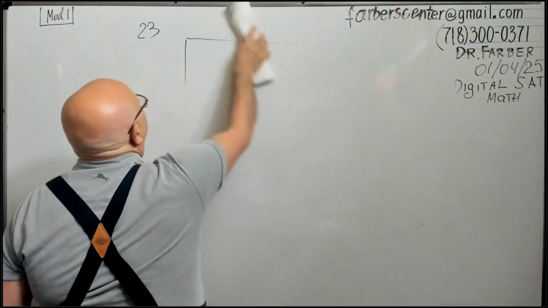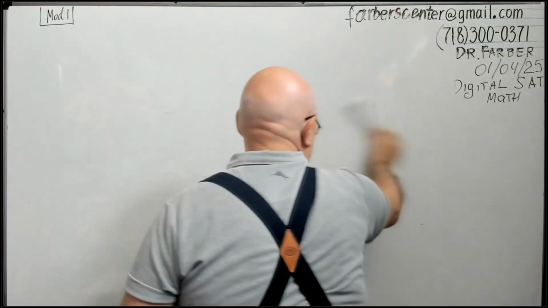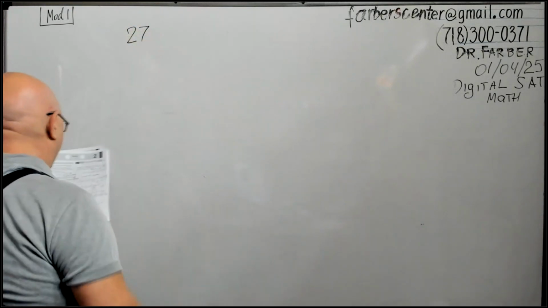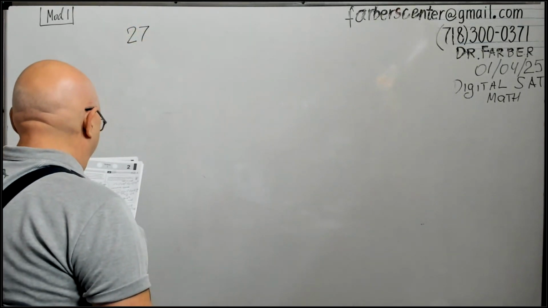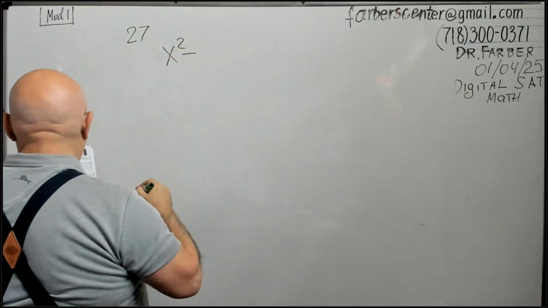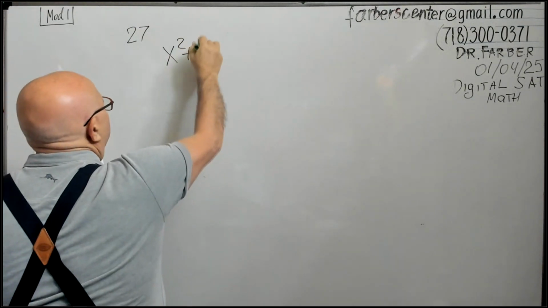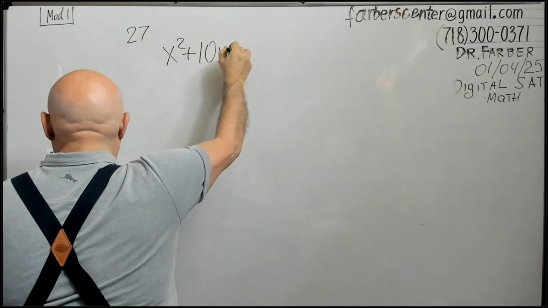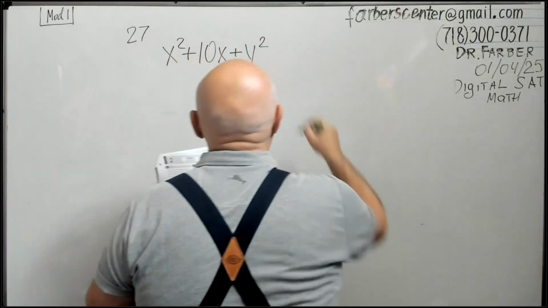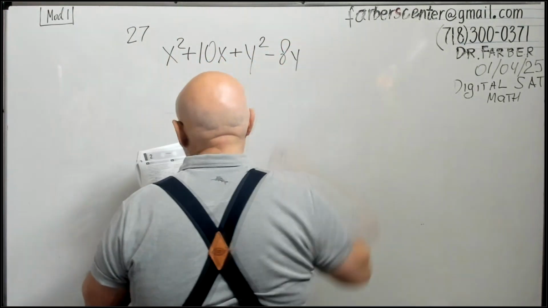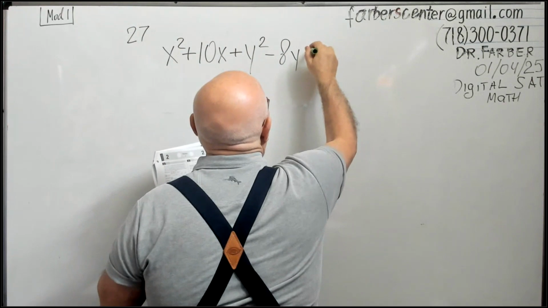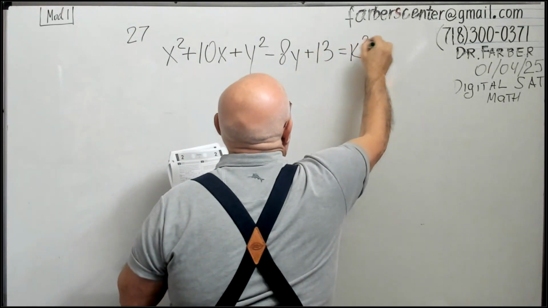If to first ask me, you have x squared plus 10x plus y squared minus 8y plus 13 equals k squared.